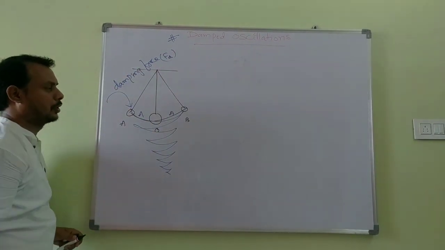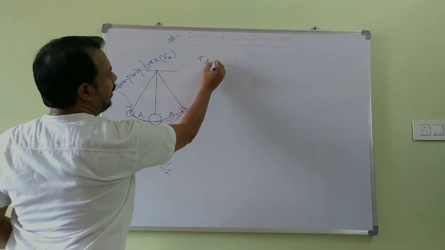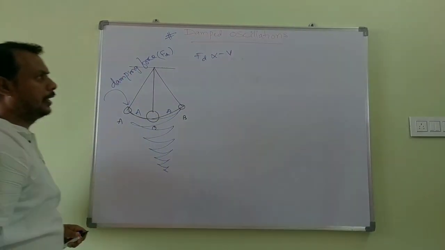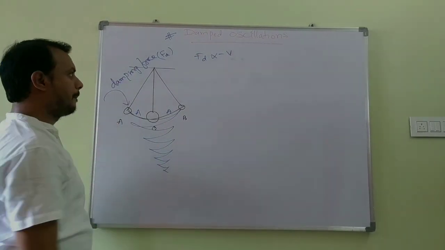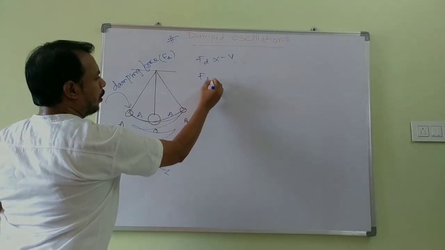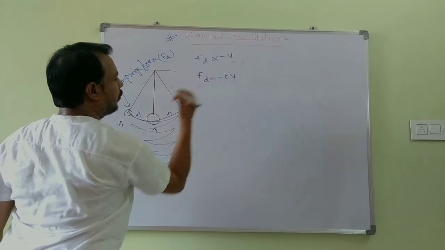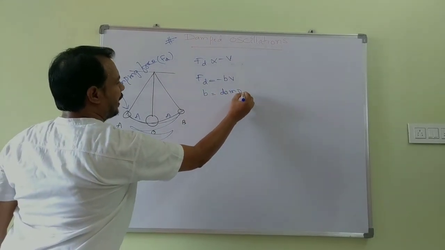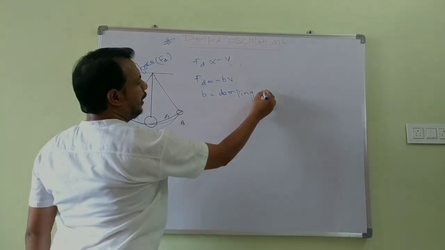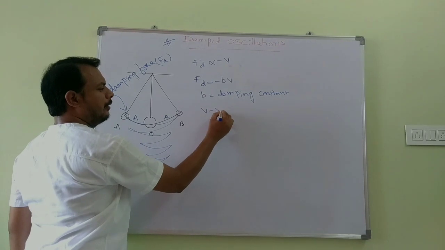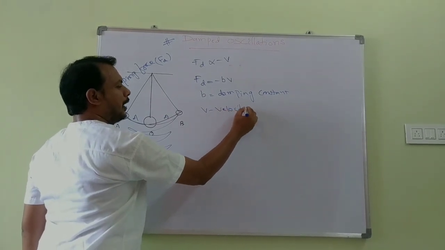The damping force Fd is directly proportional to the velocity of the oscillator in the opposite direction. V is the velocity of the oscillator. So Fd equals minus b into v, where b is known as the damping constant.